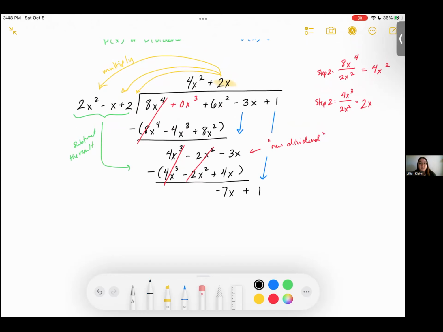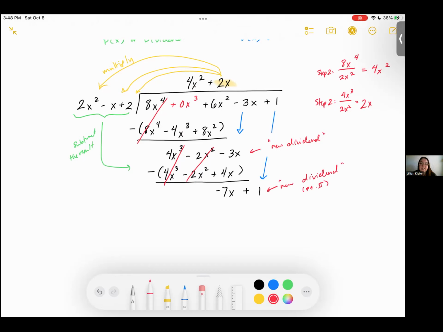So we brought down that plus 1. So now we have negative 7x plus 1. Now this is the new dividend. And it's really the new dividend, you know, part 2. There we go, because it's the second new dividend that we got.